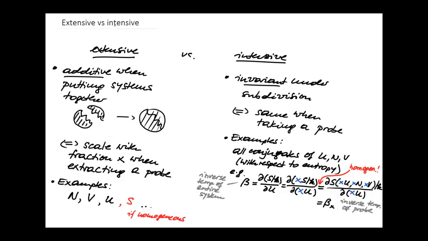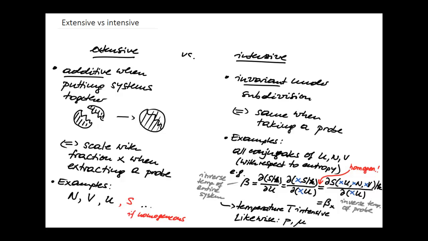Well, if the inverse temperature is intensive, then of course the temperature itself is also intensive. And you can use the same logic, the same derivation, to show that also the pressure and the chemical potential are intensive quantities.